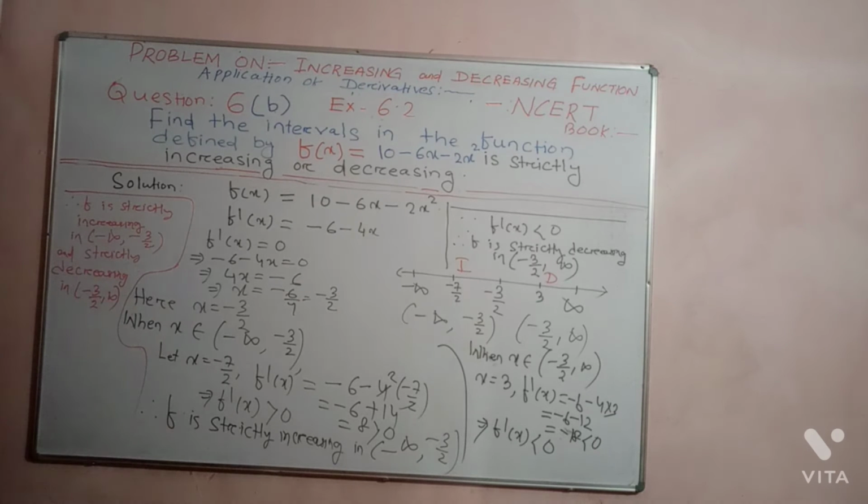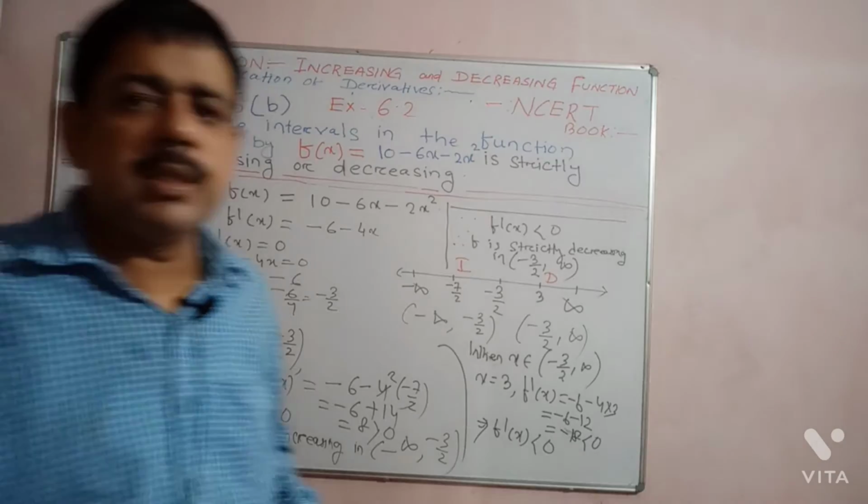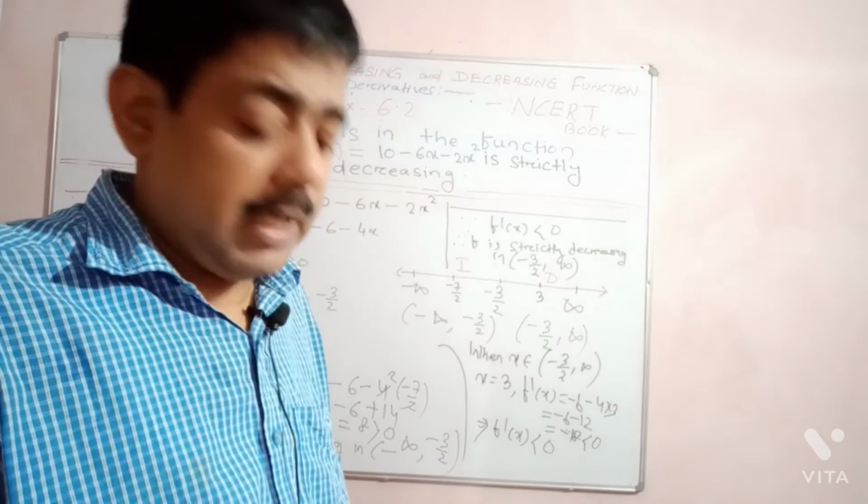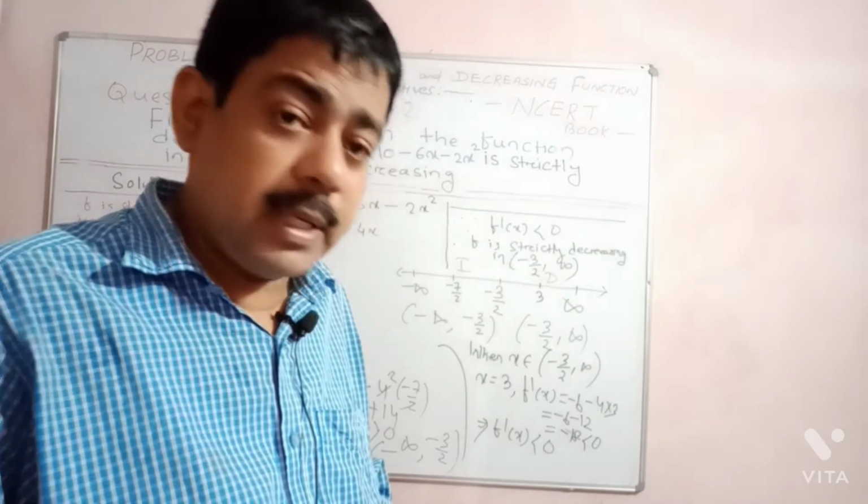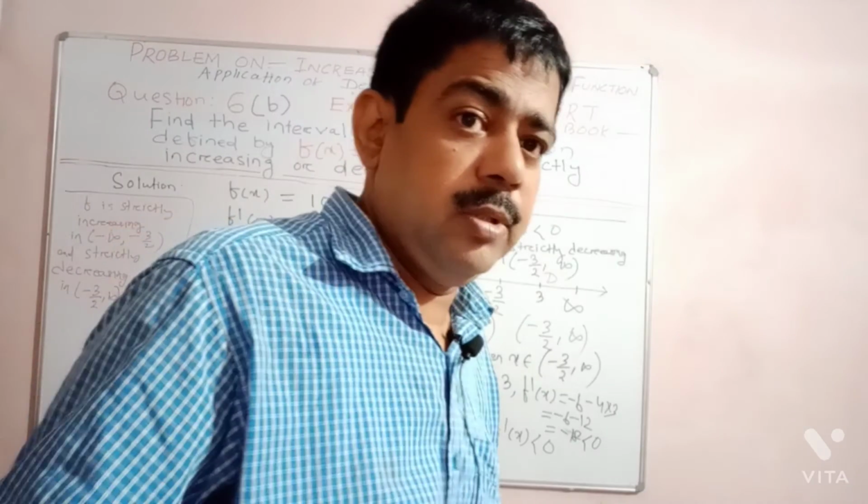So this is how you have to find the intervals in which the function is strictly increasing and strictly decreasing. Understood? Just follow it.